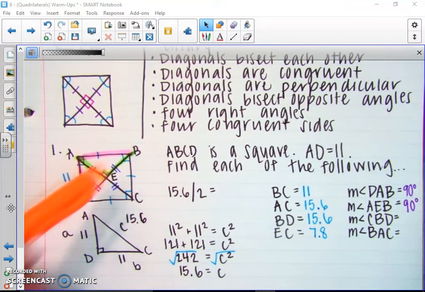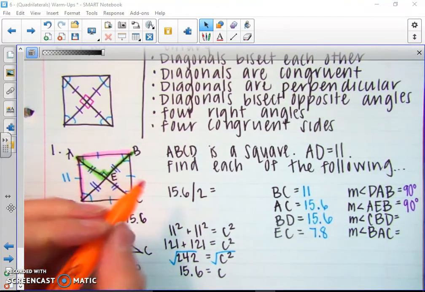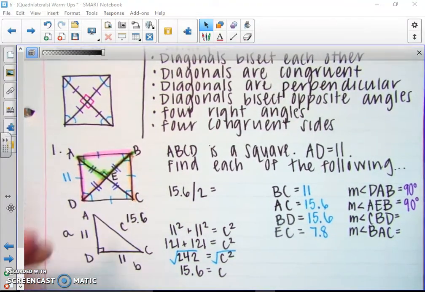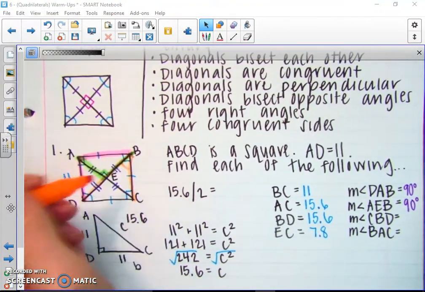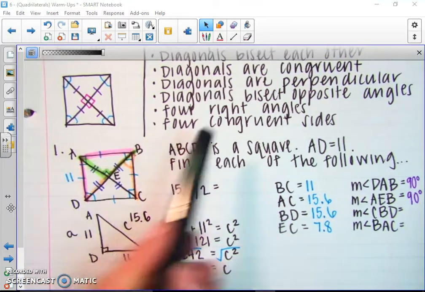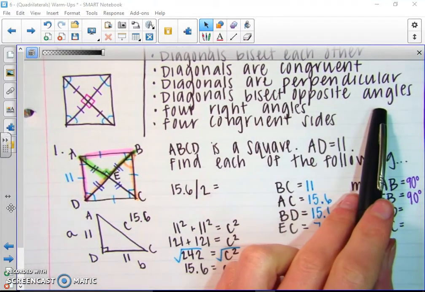CBD. Okay. CBD. So it's this angle right here. So that's definitely not 90 degrees, but it's part of it. And remember when we said that the diagonals bisect opposite angles?